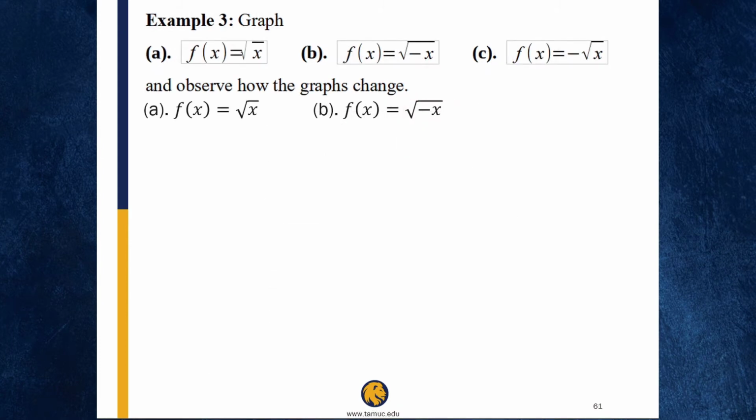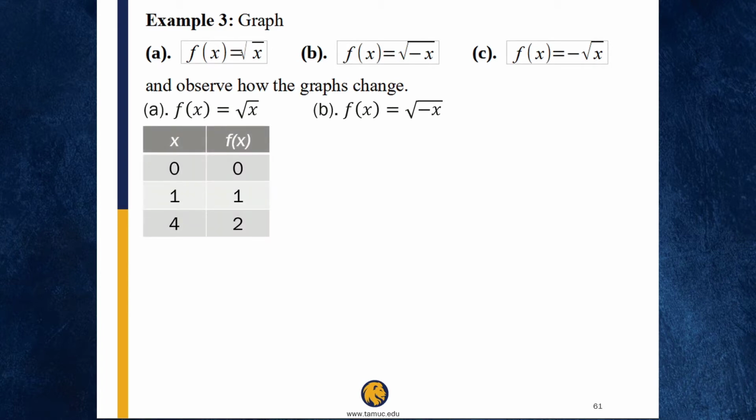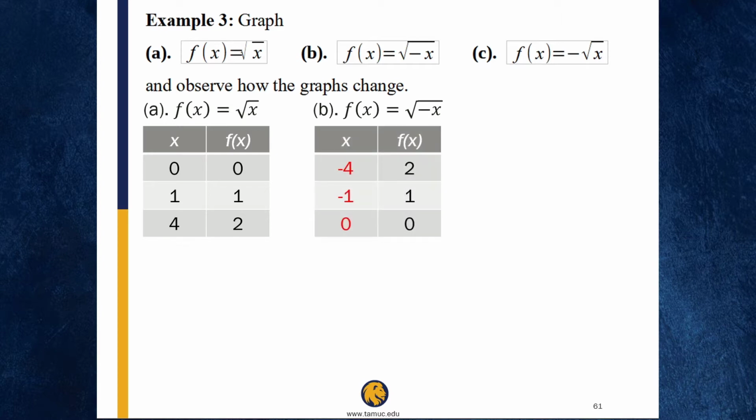Transformations also happen because of negatives in the function. For instance, if we take a look at f of x equals square root x and f of x equals square root of negative x. And if I plug in 0, 1, and 4, I get out respectively 0, 1, and 2 for f of x. But in order to calculate the square root of negative x, I actually have to make the x values negative.